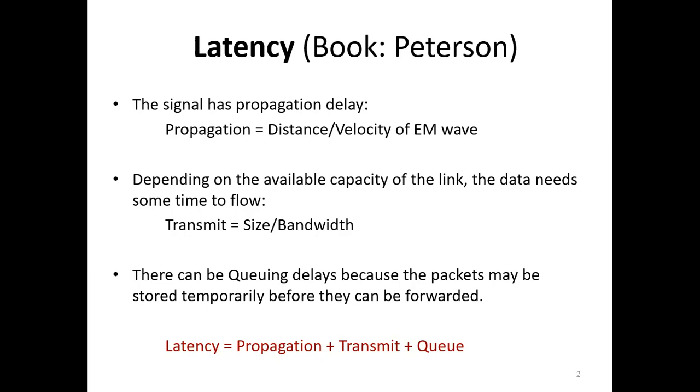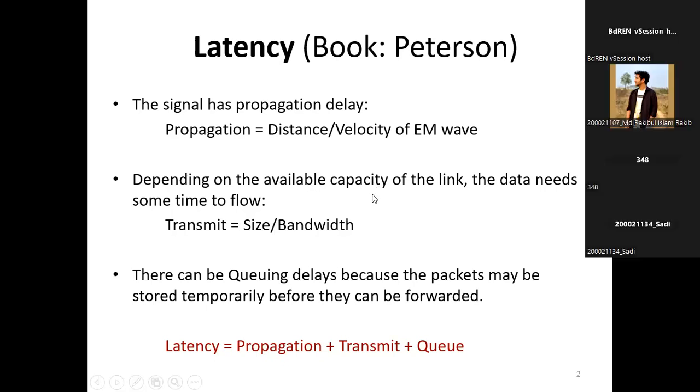Then the data link capacity tells you how much of the content you can send per second. This is what we call bandwidth. Sometimes bandwidth is taken as the capacity. You see, I have written that it is the available capacity of the link.